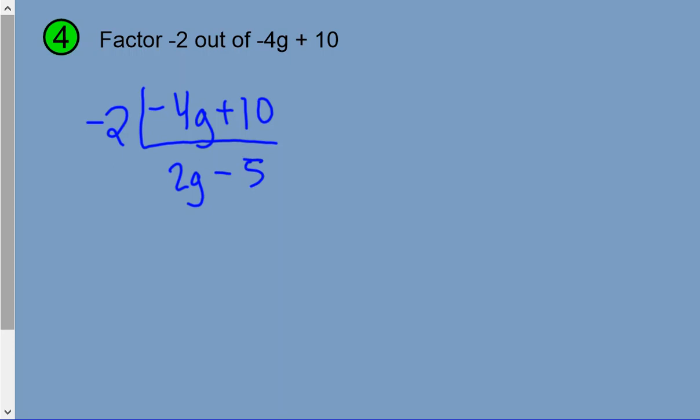So our factored expression would be negative 2 times 2g minus 5. Because we have a negative divided by a negative, we get a positive for 2g, and we have a positive divided by a negative, so we get a negative, minus 5 there.